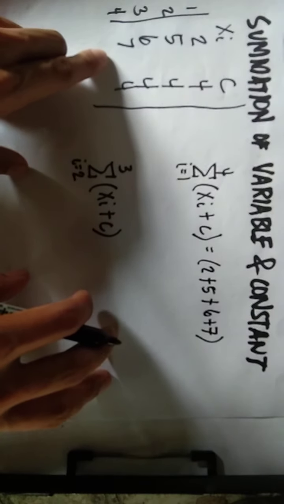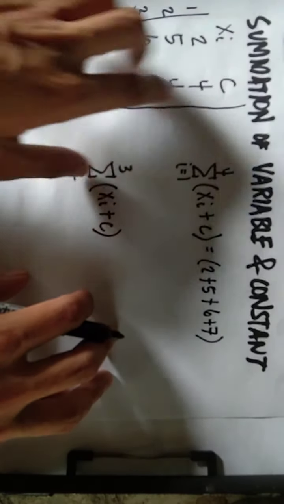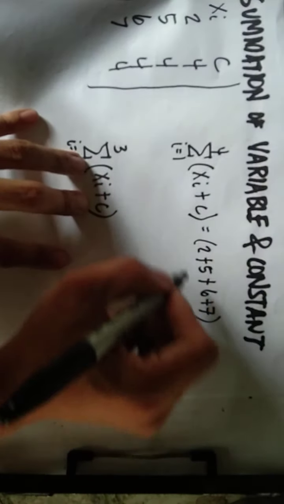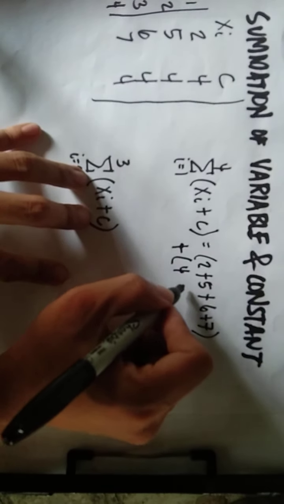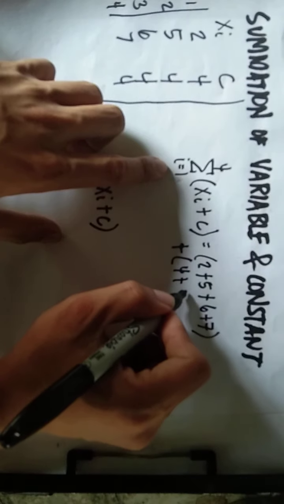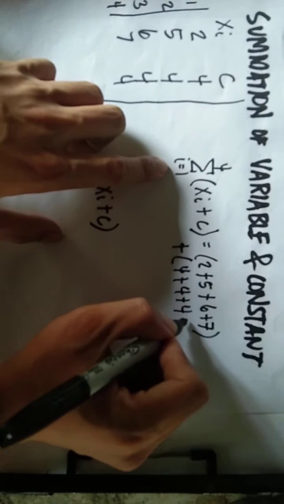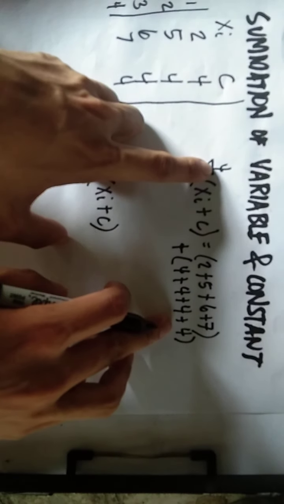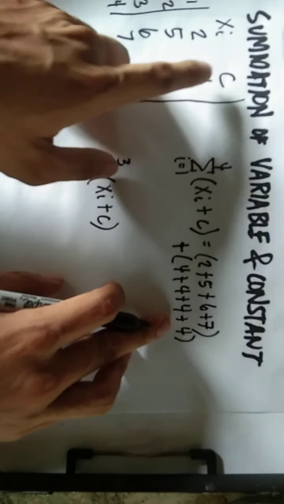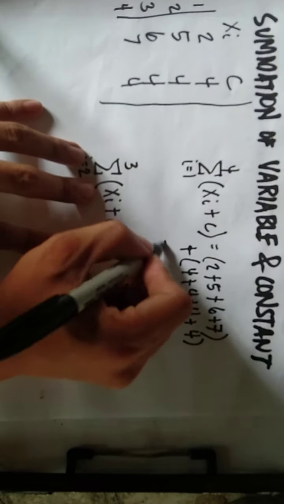And then, ating kukuhanin naman yung value ng ating constant, which is 4. So, we have plus 4, yung pangunang 4, pangalawang 4, pangatlong 4, and then yung pang-apat na 4. So, we will have 1 to 4 ng constant natin na variable.